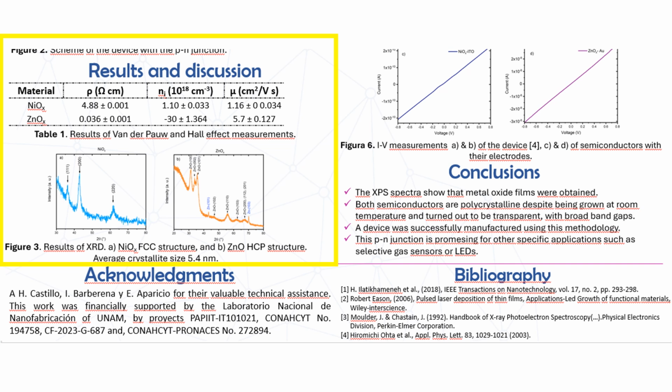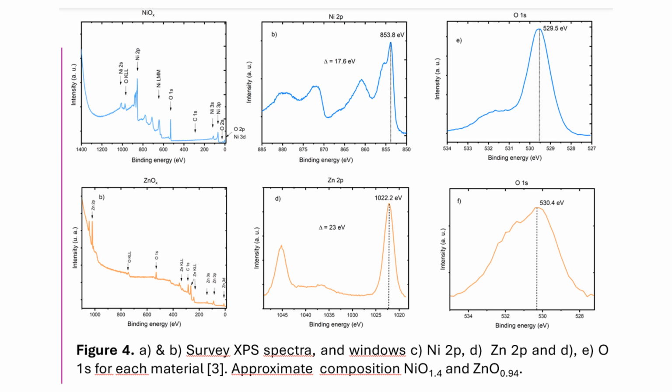In turn, the X-ray diffraction results show that both thin films are polycrystalline. It is interesting to see that two peaks correspond to crystalline planes of metallic zinc. However, if we look at the XPS survey spectra, they show the presence of zinc and oxygen for zinc oxide and nickel and oxygen for nickel oxide.